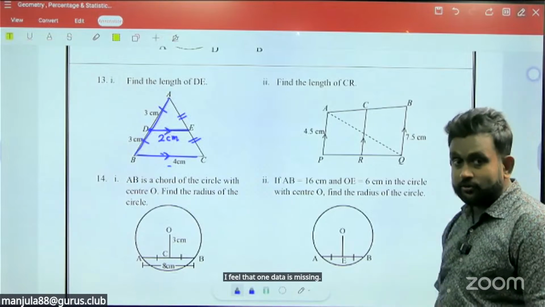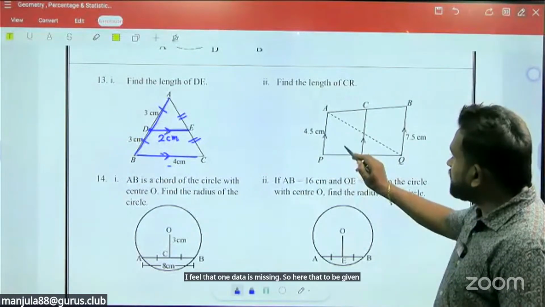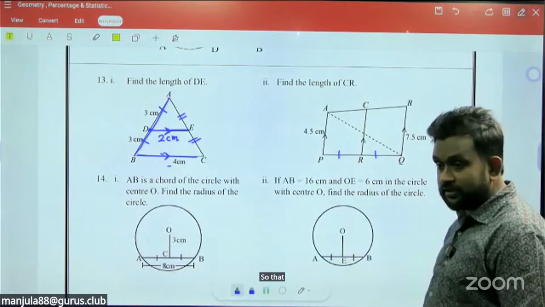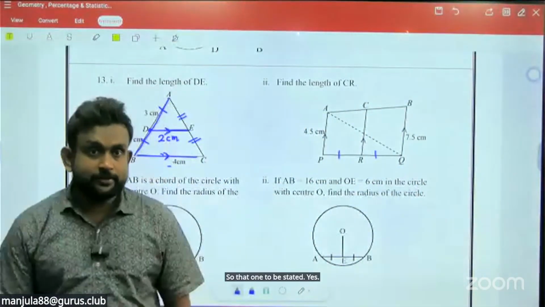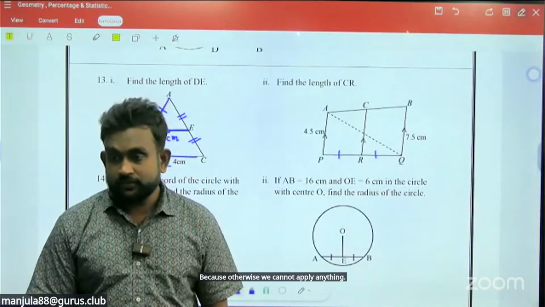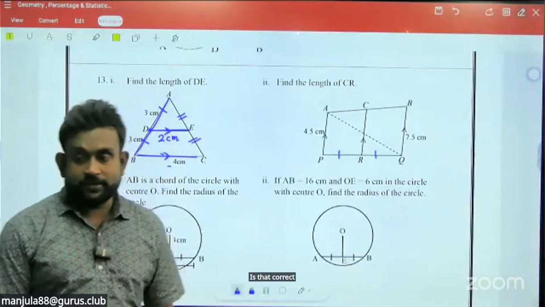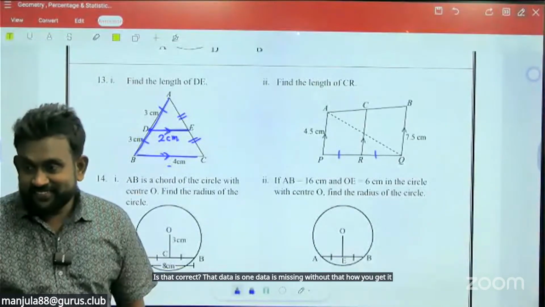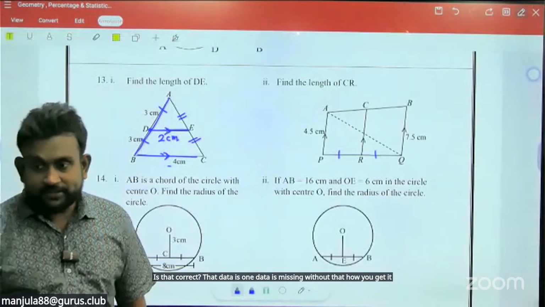So here, it should be given that either two sides should be equal here or here. So that one has to be stated. Yes, because otherwise we cannot apply anything. Is that correct? One data is missing. Without that, how do you get it? Yes, I think that has to be given.